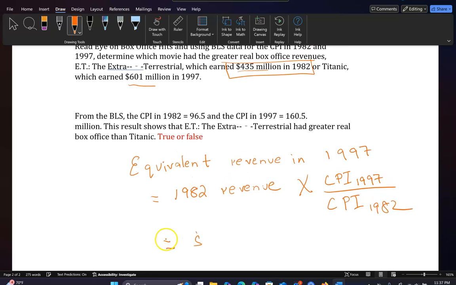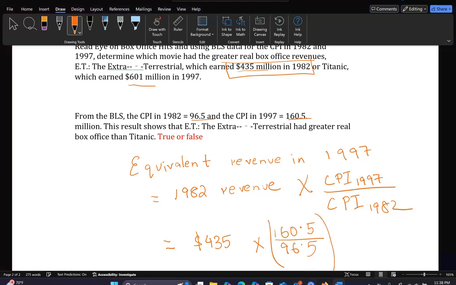This is 435 times 160.5 over 96.5. Now this is going to be 723.5.